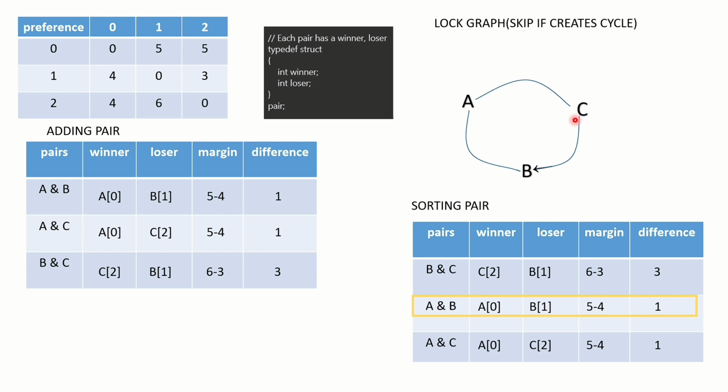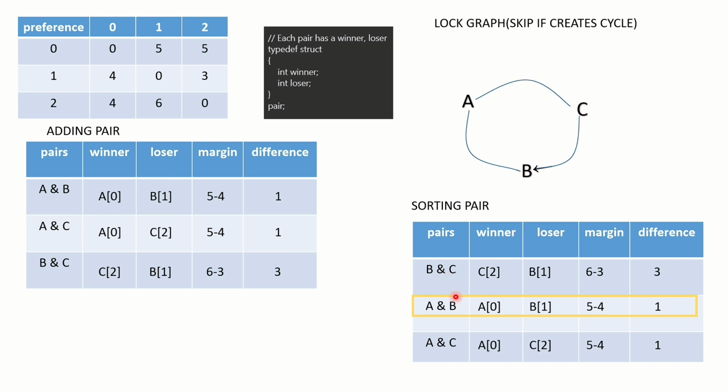Suppose you're starting from C, and in this path you go to B from C, and then B to A, and then from A again to C. Your starting point and your final point are the same, so that will create a cycle and you should avoid it. If it creates a cycle, you should not lock it.